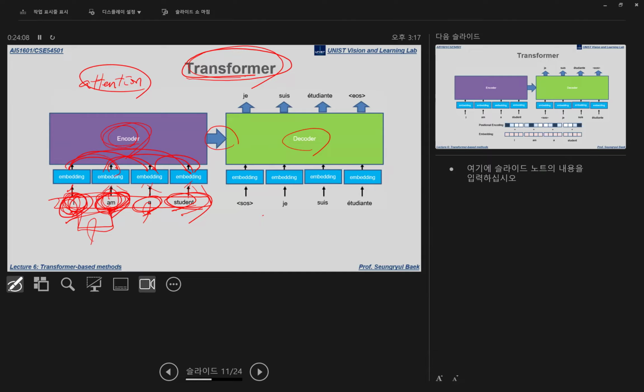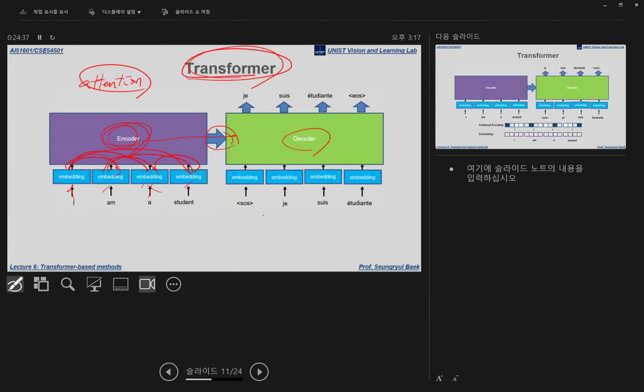So when calculating the I word's feature, you are weight summing am's feature, a's feature, and student's feature according to their relationships: I and am, I and a, and I and student. Okay. Are you guys following this? Okay. So that's basically what happens in the encoder of the transformer.